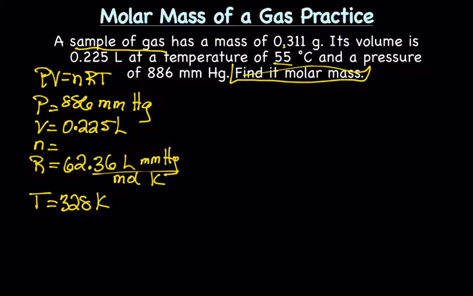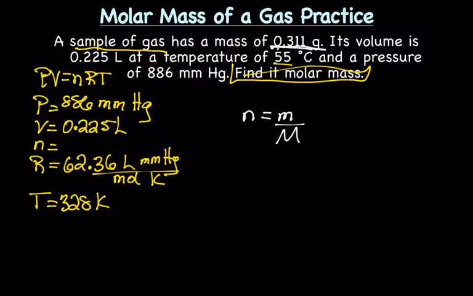So somehow we have to put something in for n to come up with molar mass. Well, let's write the formula for n. So we have moles equals mass over molar mass. Well, that'll work because we have a mass and we're trying to find our molar mass.